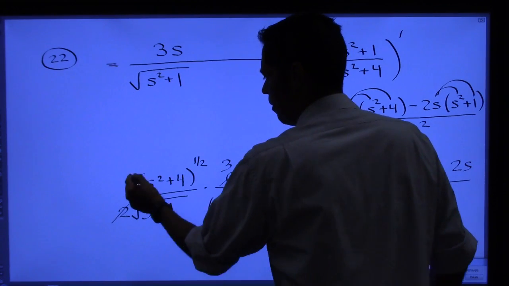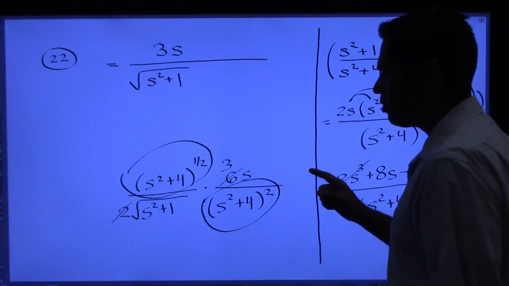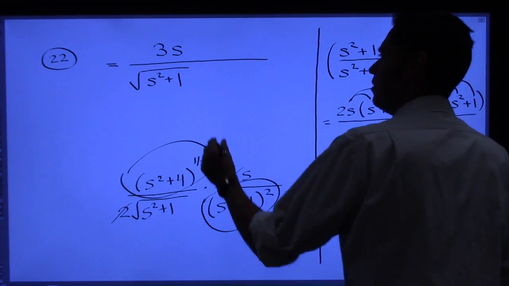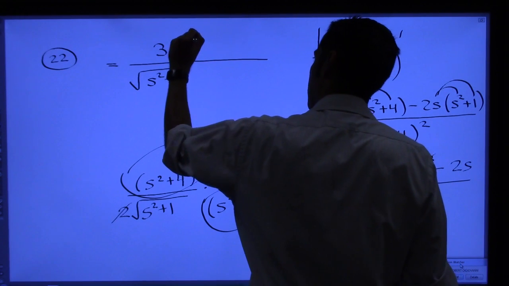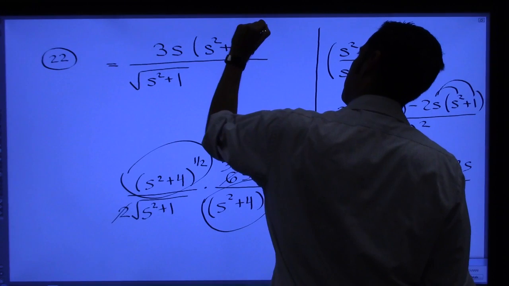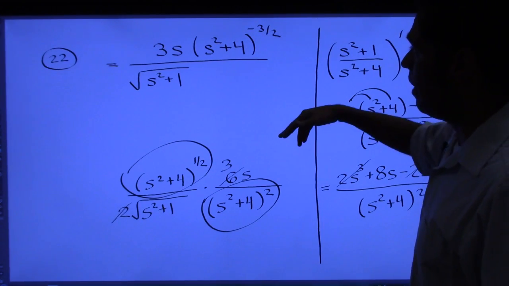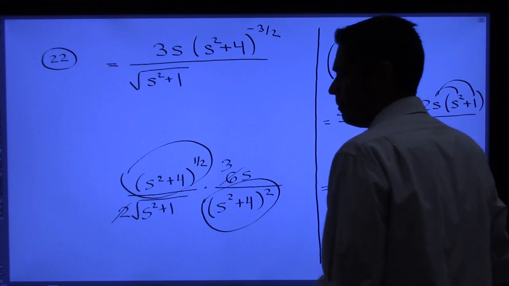But when I do this guy over this guy, I'm left with s squared plus 4 to the negative 3/2. So I have to put that up here. S squared plus 4 to the negative 3/2. And then I can drop it down, right? I can drop that back down, making it a positive exponent.